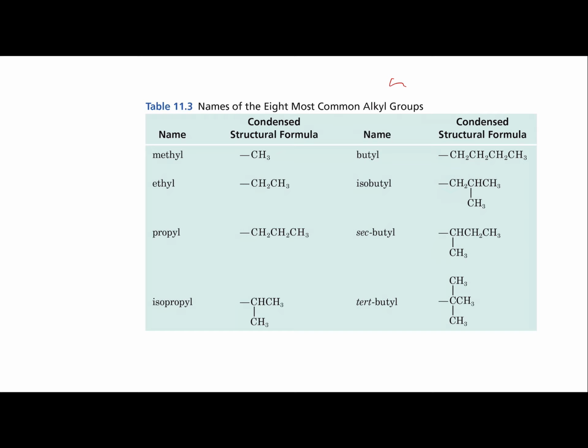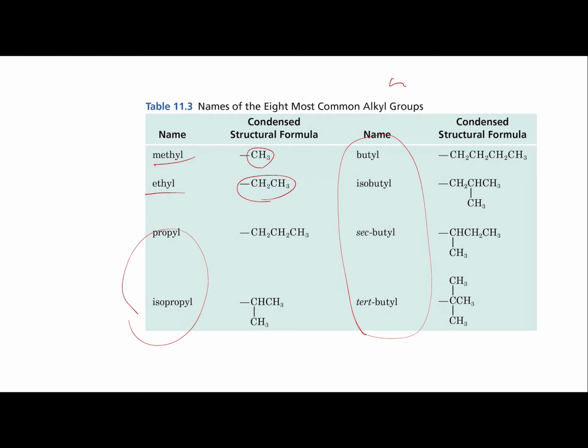Now, when it comes to the first two, methyl and ethyl, there's only one way to attach a 1-carbon or a 2-carbon group to a longer molecule. But when it comes to these others, the 3-carbon molecules, the 4-carbon molecules, and beyond, remember, constitutional isomers start to happen.